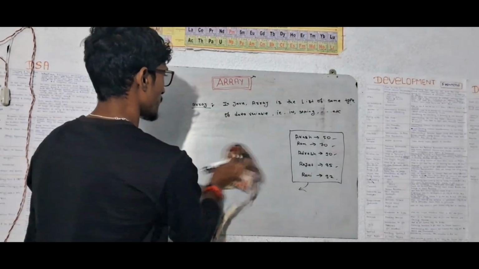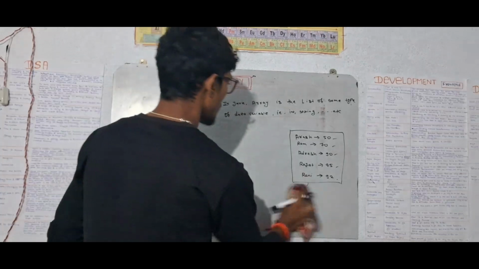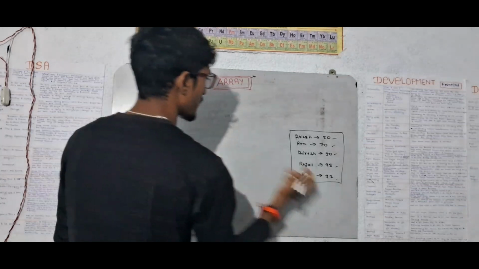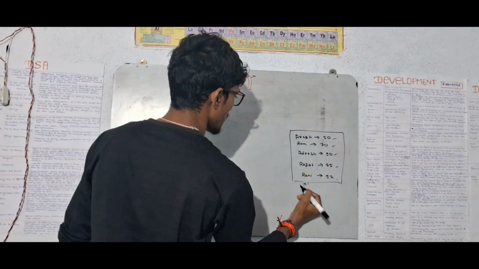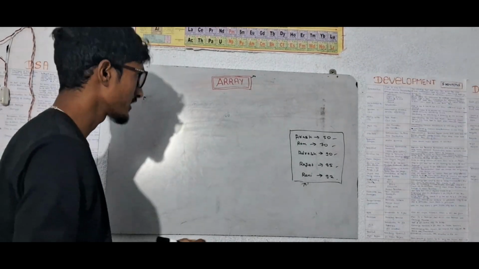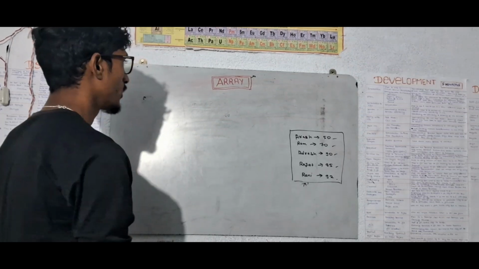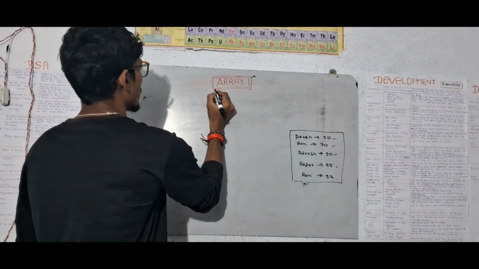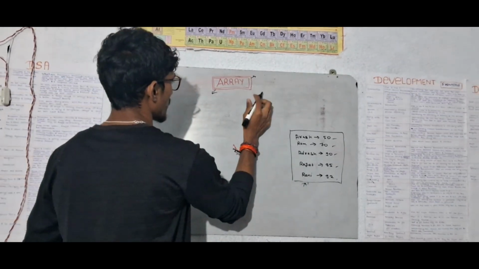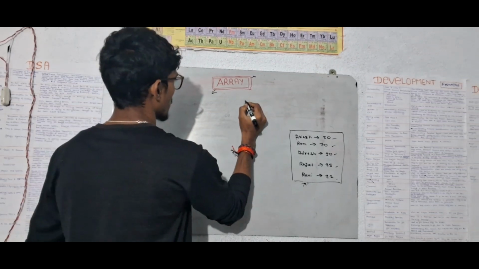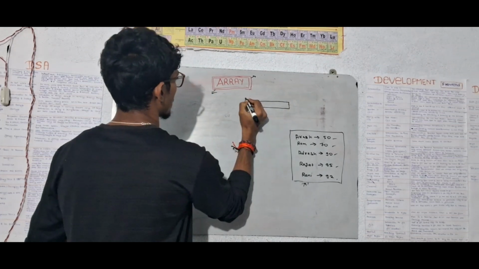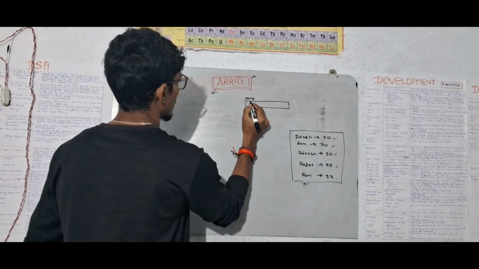So let's store the data. We have to store all the information of this list by using an array. First we need to see how to declare an array and how its structure looks. This is the basic structure of an array.